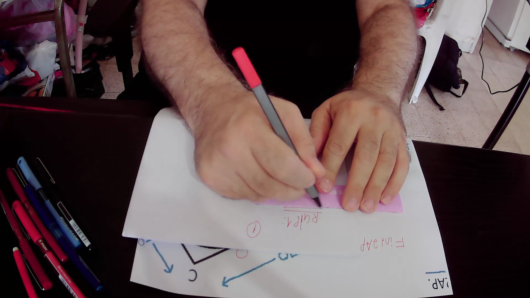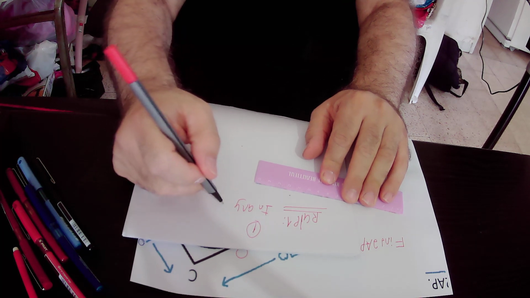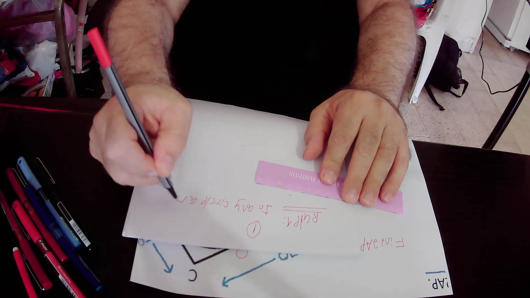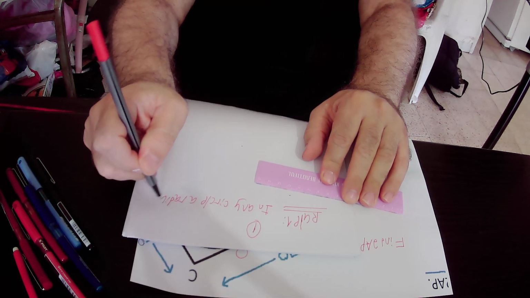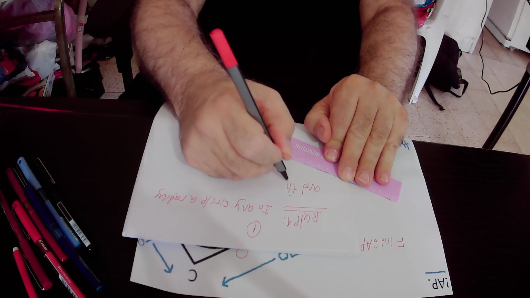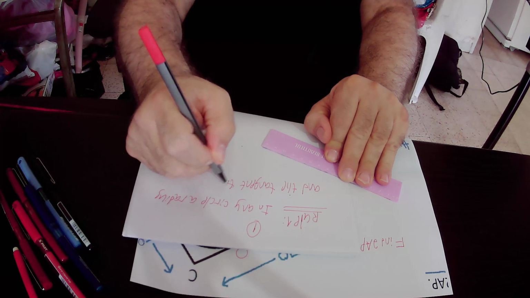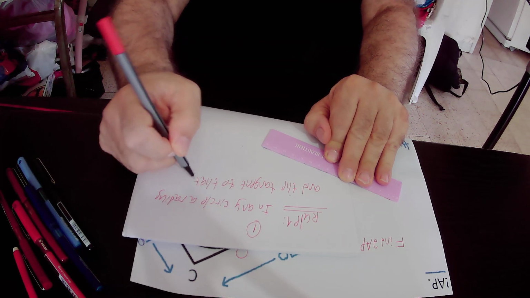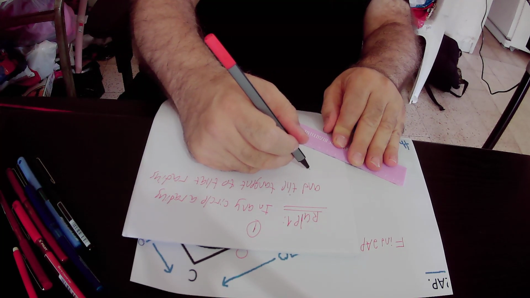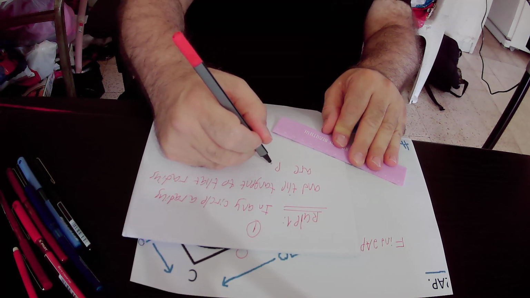Rule number 1 states that in any circle, a radius and the tangent to that radius are perpendicular to each other.